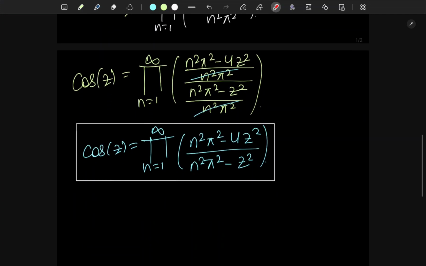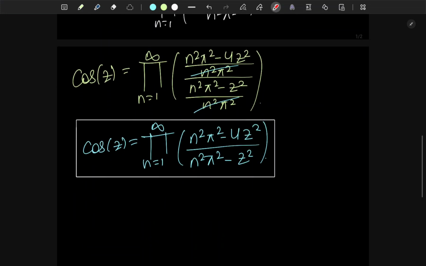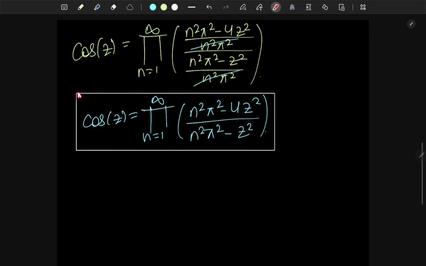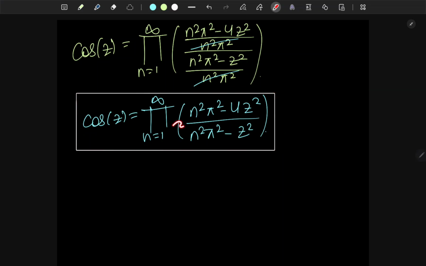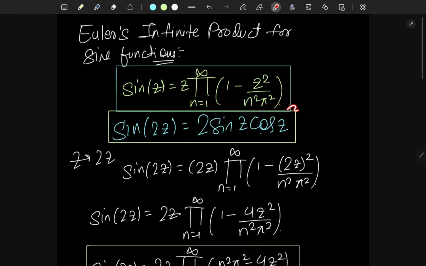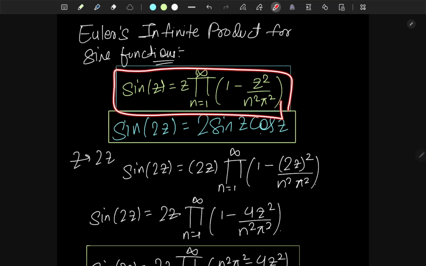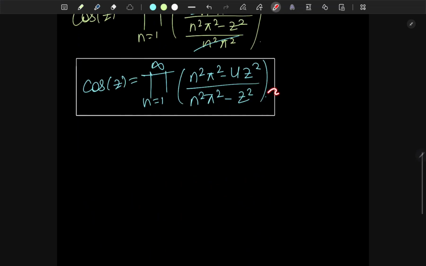I'll come up with the next video, some crazy things like this one. And you know what, there's another representation of the cosine function as an infinite product, which is a standard one. If you want, I can prove that using this one only, or maybe we can add some other ways to prove that. But for now, let's consider this one.